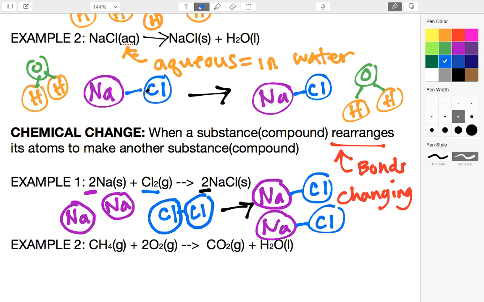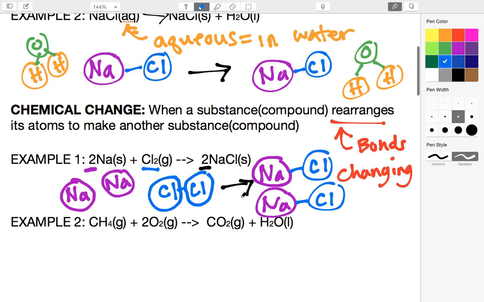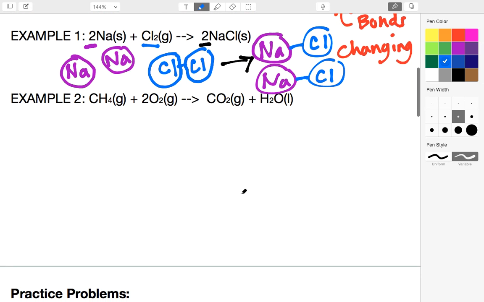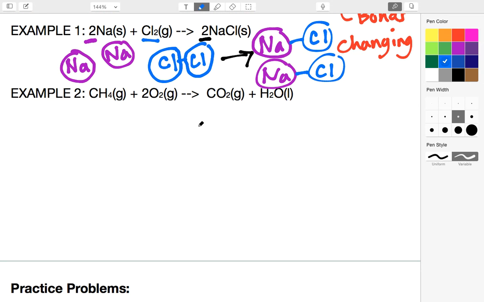If I look at just a physical change, whatever was before in my reactants, so before purple was with blue, in my products, purple is still with blue, and so on and so forth. So the bonds don't change, they don't switch partners or anything. In a chemical change, they do switch partners. Right? Same thing, this is just another particular example. You can draw out this for yourself just to double check.